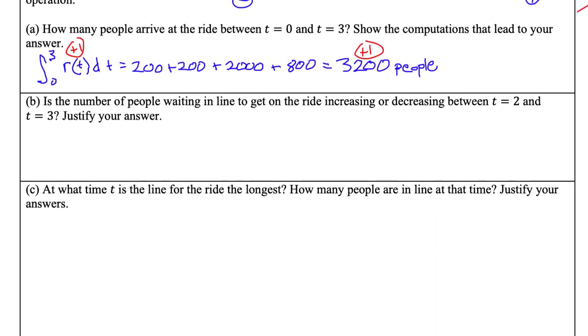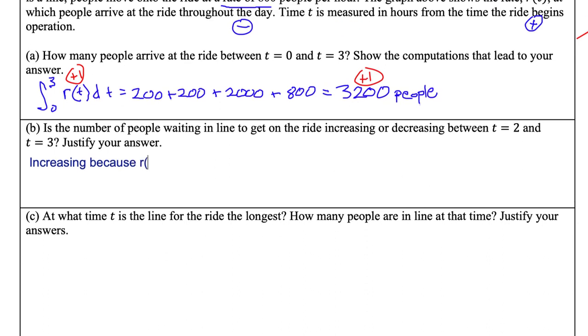So you say something along these lines. You'll say increasing, because r of t on the interval 2, 3, or we can say r of t is greater than 800 on 2, 3.